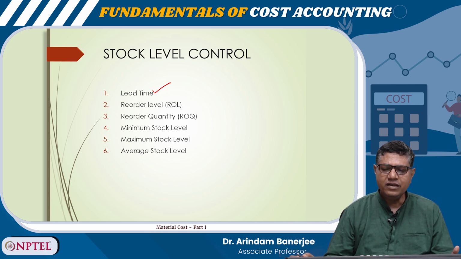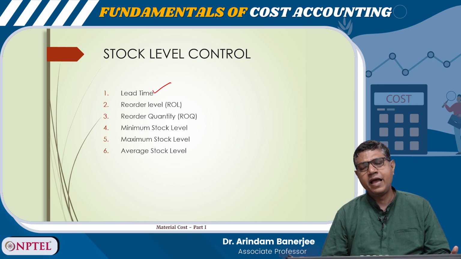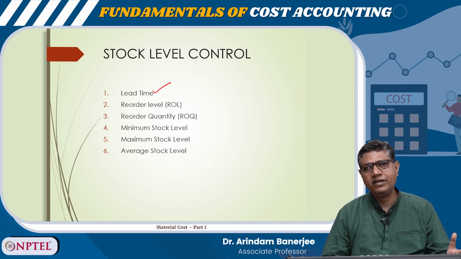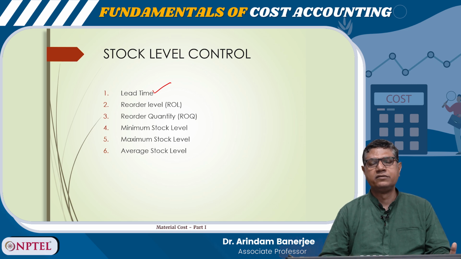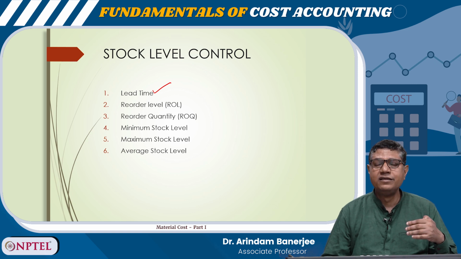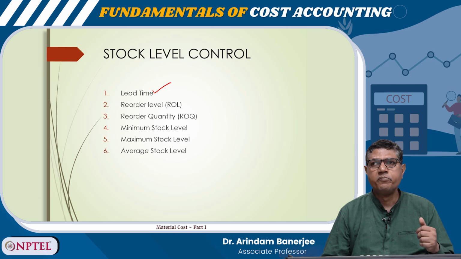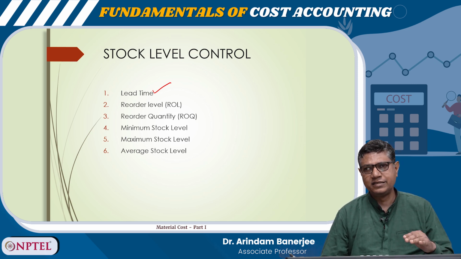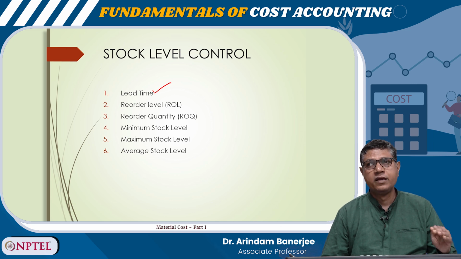So, reorder level is the level at which the company will reorder, right. Reorder quantity: when the company reorders, what will be the quantity, right. Minimum stock level: what is the minimum level of stock the company should maintain, right. So, that means if it reaches the minimum stock level, the company should place an order.